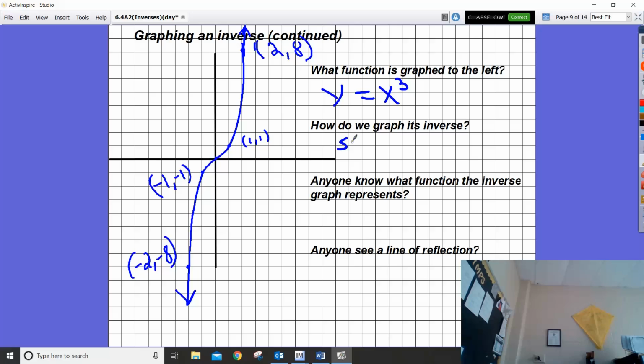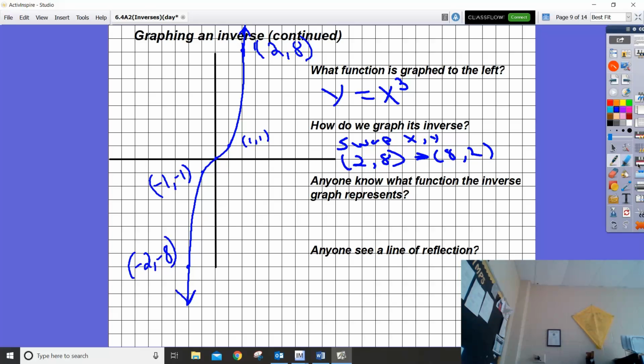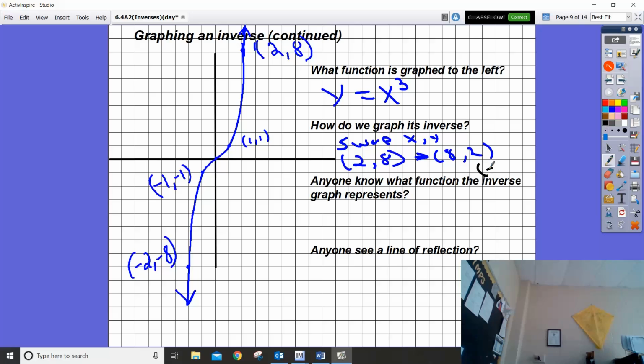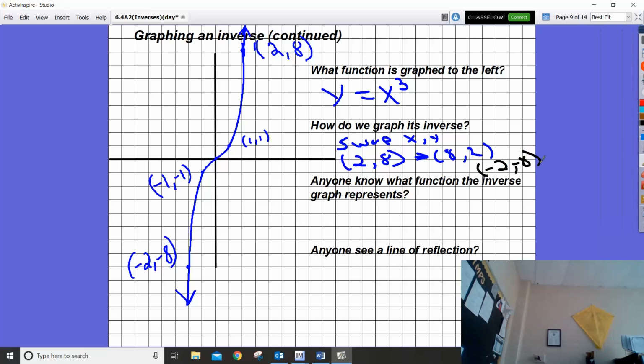We're going to swap x and y. This point 2, 8 is transformed to become 8, 2. And this point negative 2, negative 8 becomes what? Negative 8, negative 2.